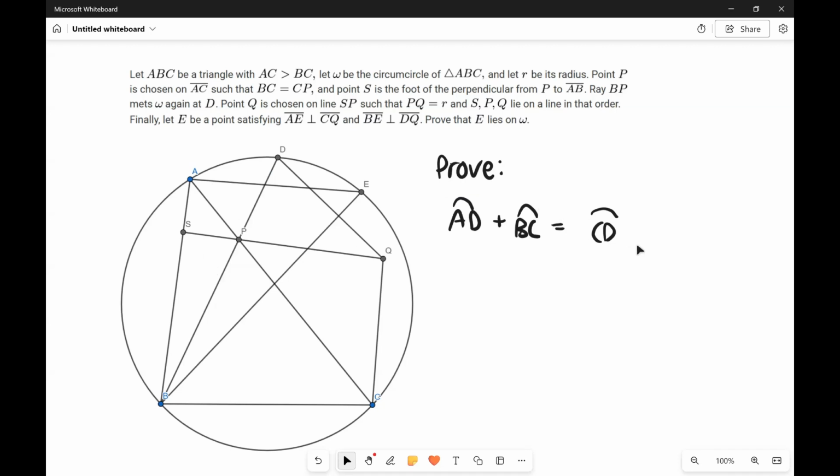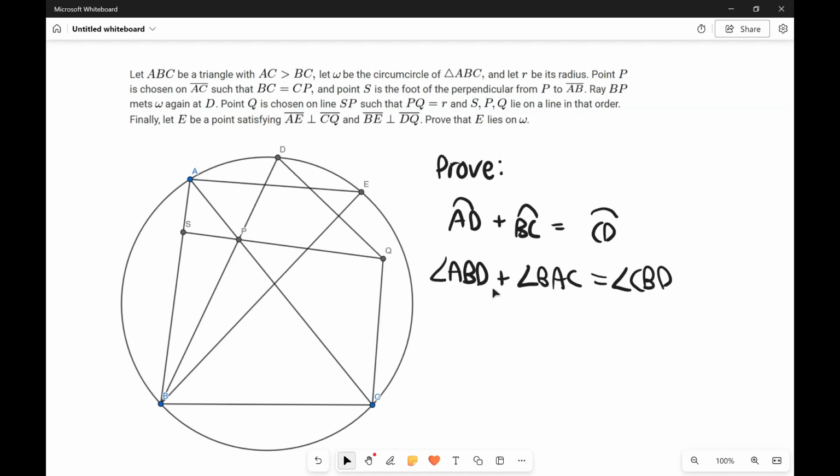In terms of angles, this equates to angle ABD plus angle BAC, because that's simplest, is equal to the angle subtending CD, and the only point which has both C and D is this point B. So we have CBD. We'd ideally like to show that this is true.